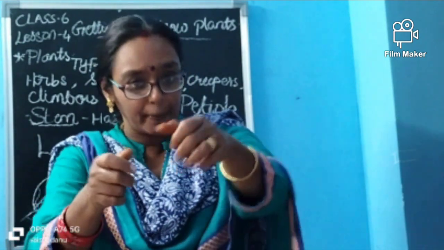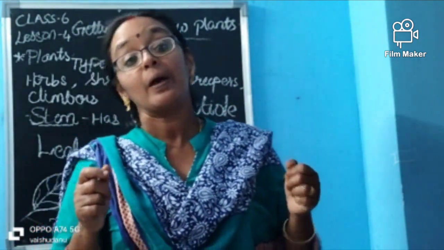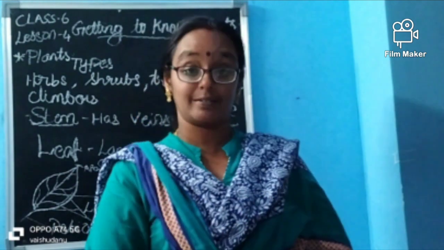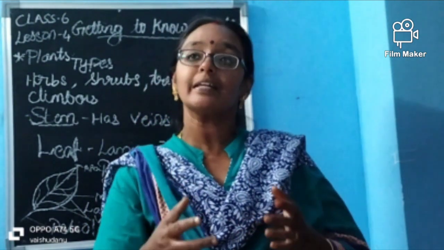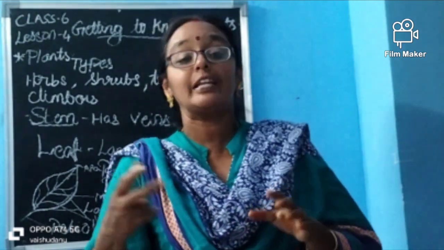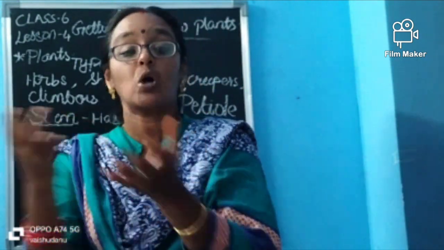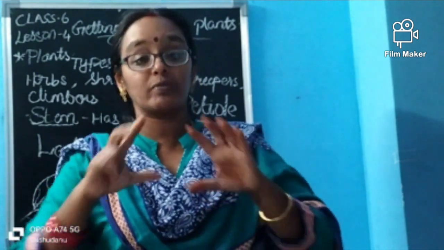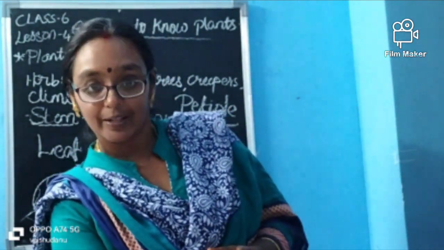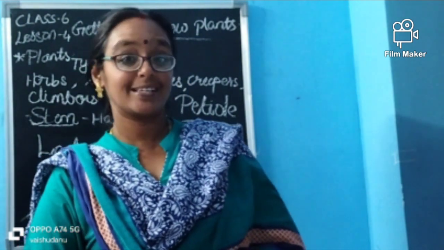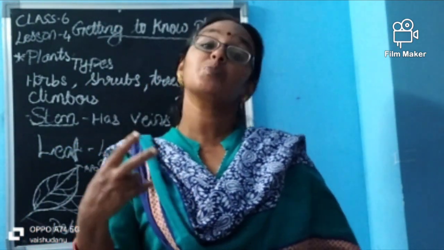After that, when you open this plastic cover, you can see much more water inside it. Why? It is because of transpiration, and the water is being lost from the leaf, but this water is not able to move out because of the presence of the plastic cover. That's why the plastic cover is carrying this much water. Okay, this is the experiment which shows that transpiration is happening in plants.